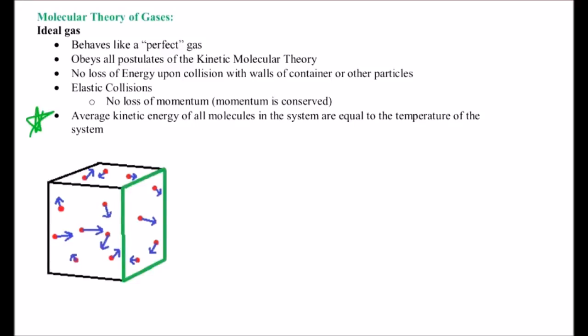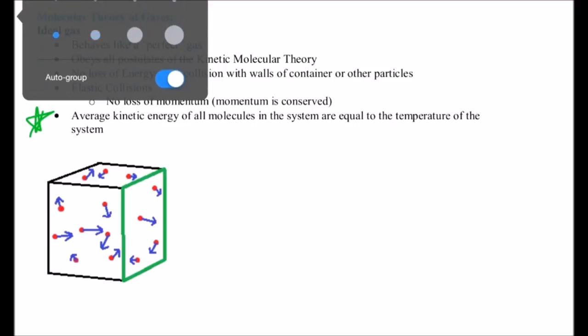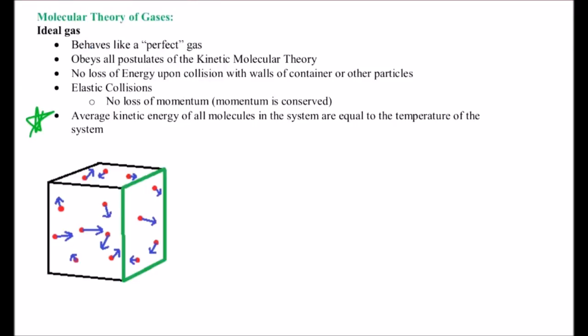Okay, so let's talk about the molecular theory of a gas. In a molecular theory of gas, we're going to pretend like we have ideal gases. And remember, in ideal gases, everything is perfect. In other words, they behave according to the postulates from the kinetic molecular theory that we learned in chemistry. We're going to just focus in on a couple of those postulates.